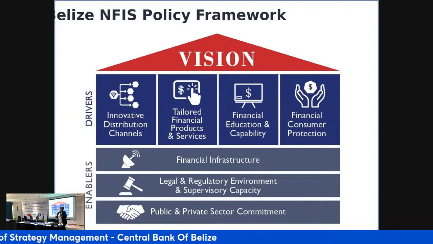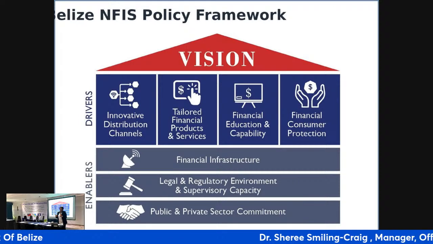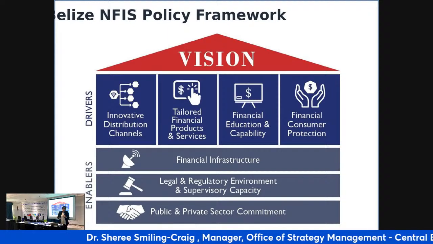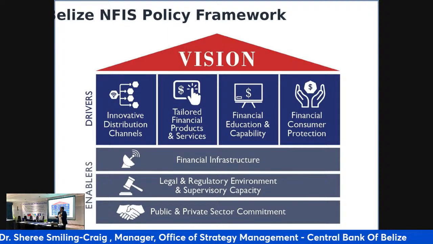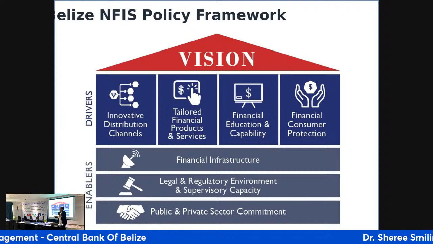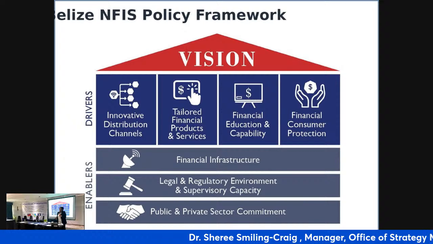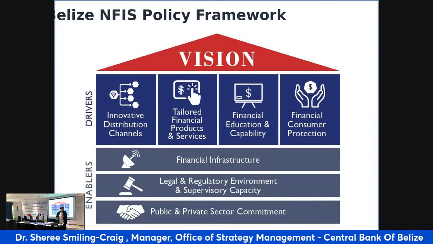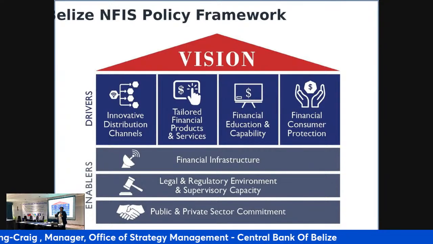And like the central bank, the FIU, the FSC, and OSIP, Office of the Supervisor of Insurance and Private Pensions, we're regulatory agencies. We need to develop our capacity to ensure that the financial system is working correctly. And we need the infrastructure, we need the telecoms, we need the mobile and digital payment services. So those are enablers for us.